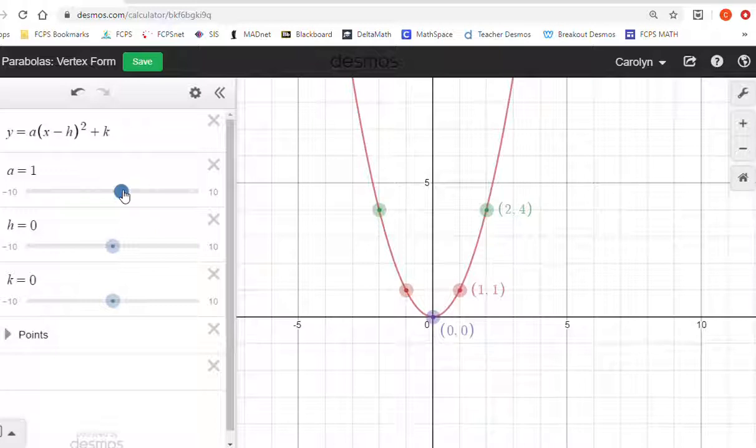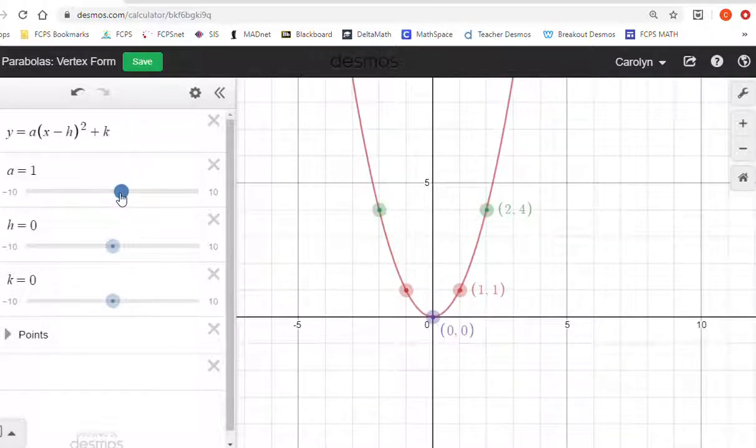What does A do to the graph? Anyone have a suggestion? No? Multiplies the y value. Okay, so let's think about what Noah said. Multiplies the y value. So let's do it again.